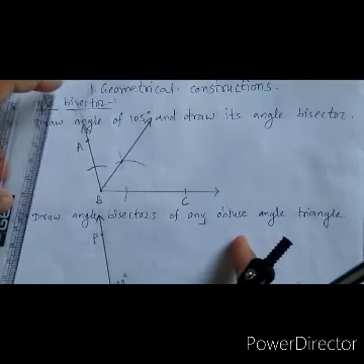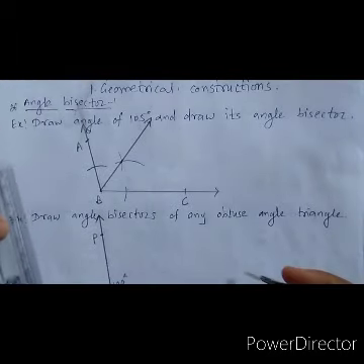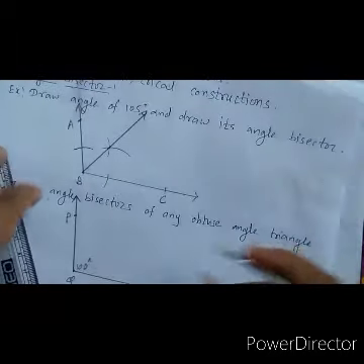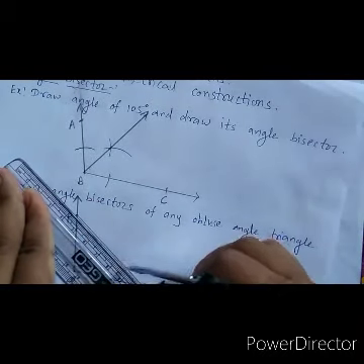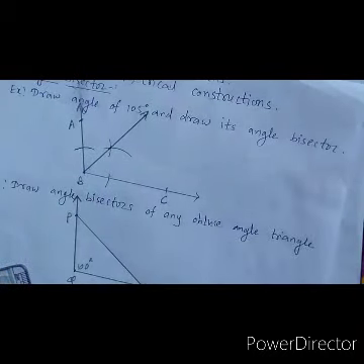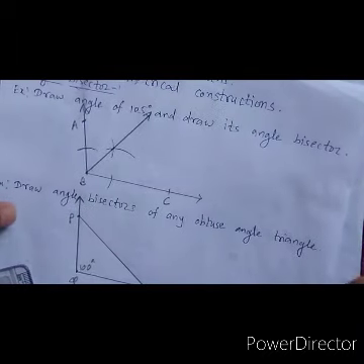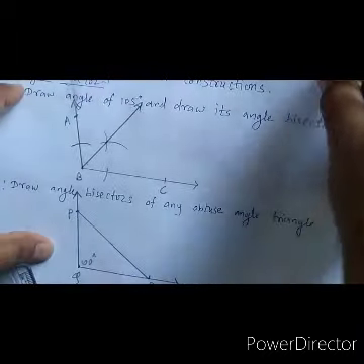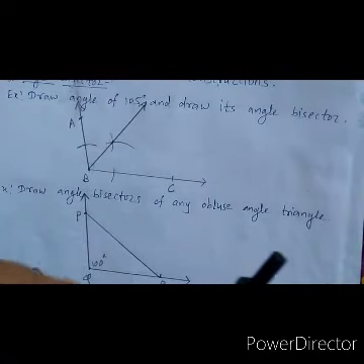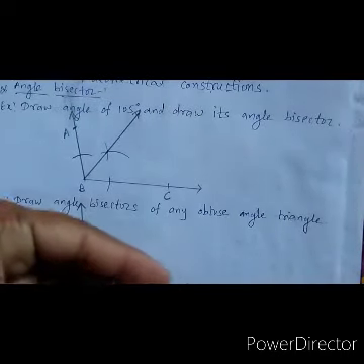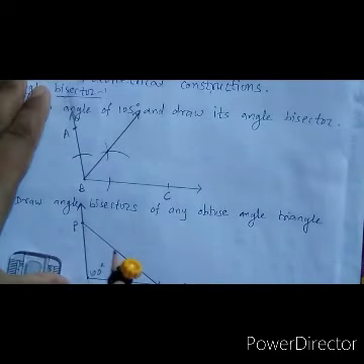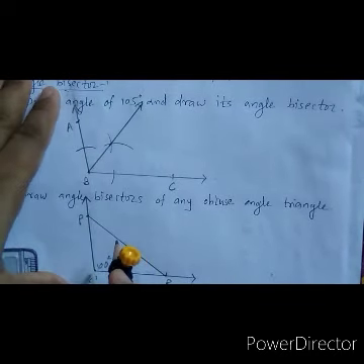Now we have to draw angle bisectors of this triangle. So for this we have to join these 2 sides PR, and now we got triangle PQR. And now we have to draw its angle bisectors. So for this we have to draw an arc.